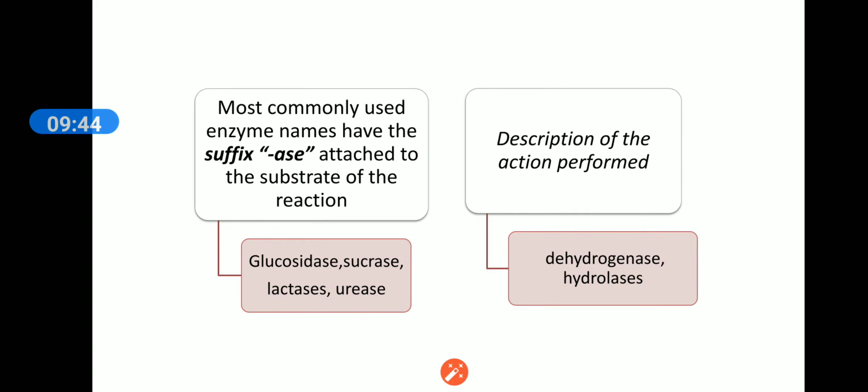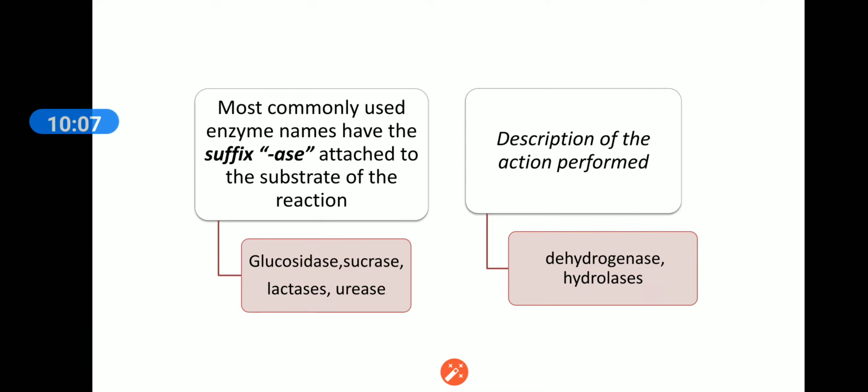The first basis depends on the substrate which is being converted into product. We simply attach the suffix ase to that substrate and name that enzyme.